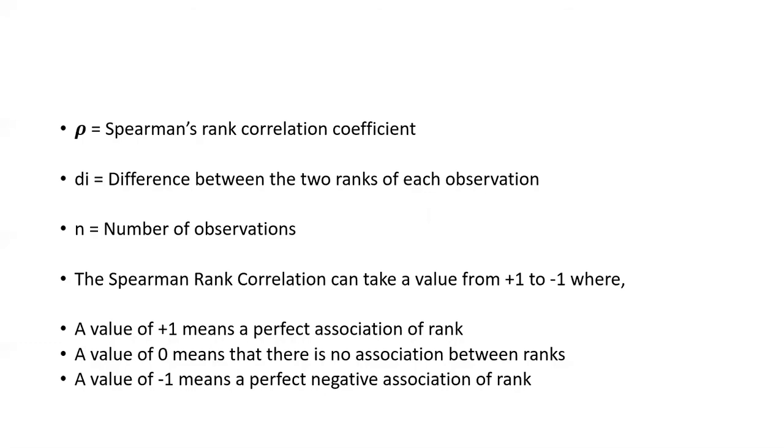A value of +1 measures a perfect association of ranks. If the value is positive, then we say that a perfect association of rank exists. Then if the value is 0, there is no association between the ranks. Then if the value is -1, then there will be a perfect negative association between the ranks.